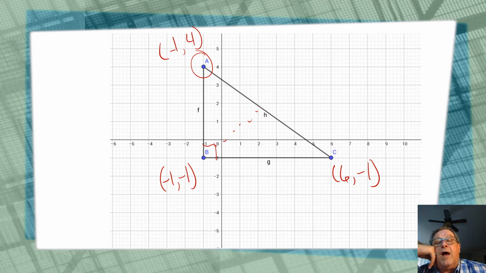In terms of finding the distance, for this leg, which is labeled as F, since it falls directly on a grid line, I can really just count: 1, 2, 3, 4, 5. So this is 5 units.